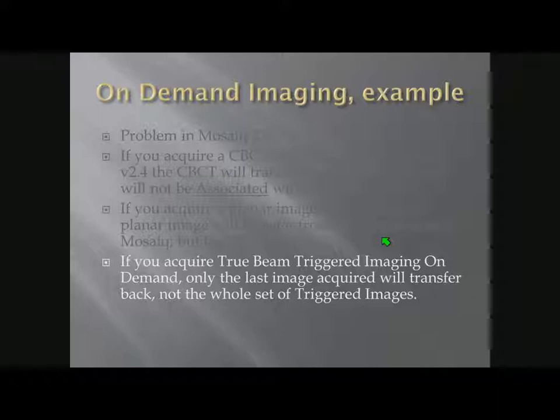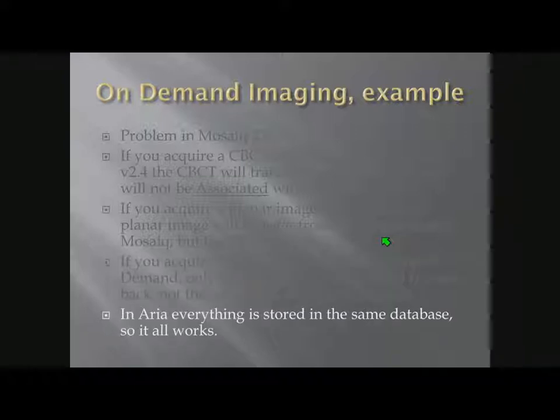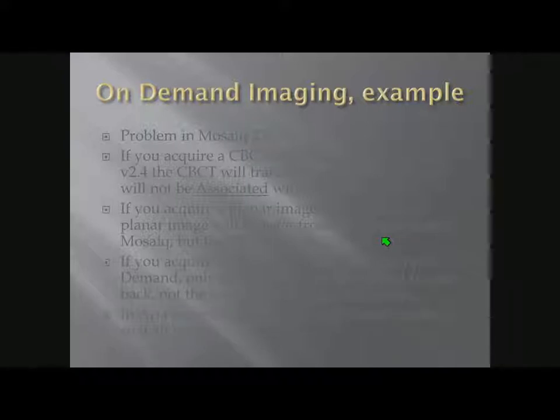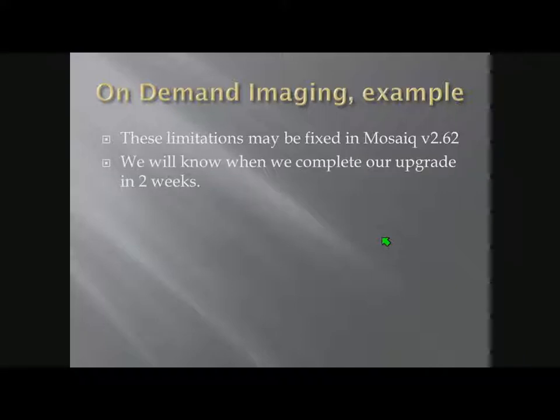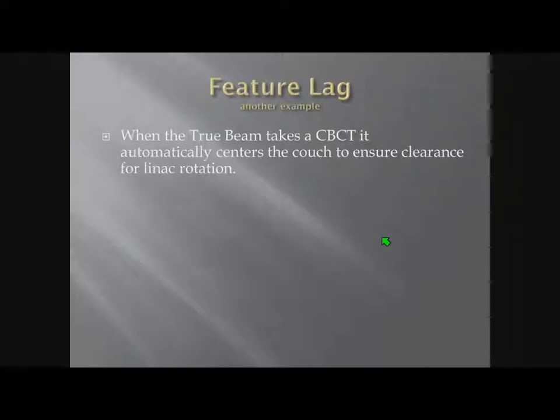If you acquire TrueBeam triggered imaging, which is a form of imaging that will allow you, for instance, on an ARC delivery, to trigger images every so many monitor units or degrees of angle, only the last image will transfer back, not the whole set of triggered images. In ARIA, we would expect this to work because it's a Varian product. These limitations may well be fixed in version 2.62, but they're examples of that lag that I'm referring to. We'll know in a couple of weeks.